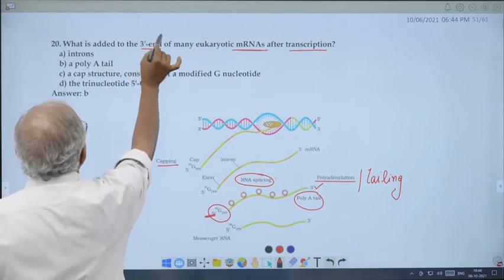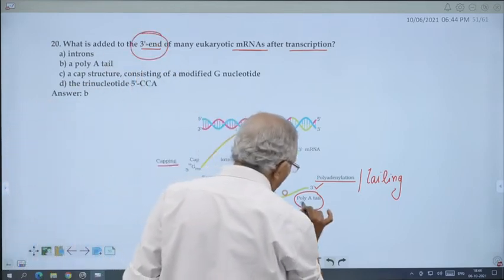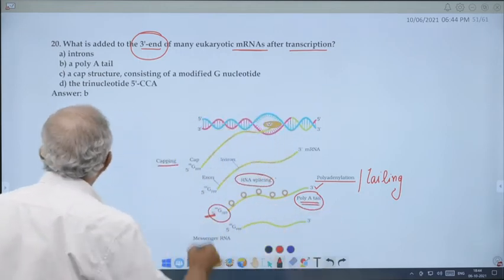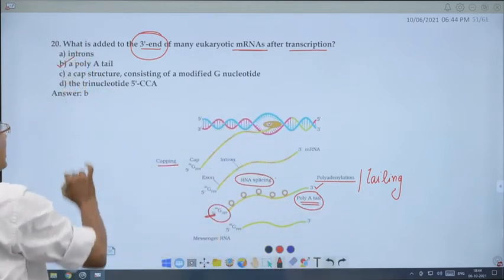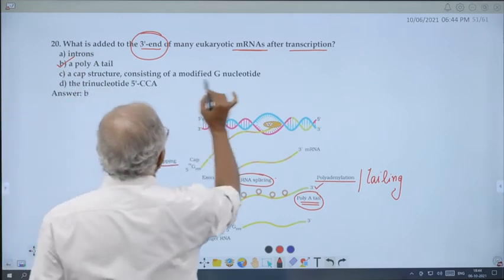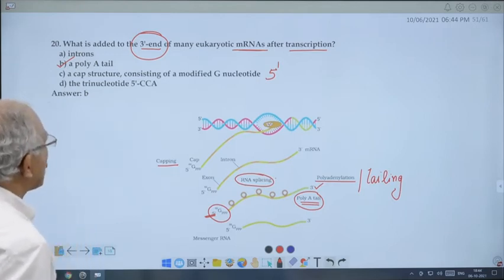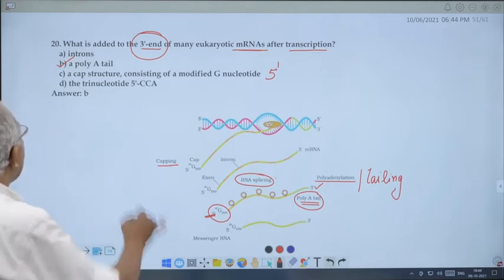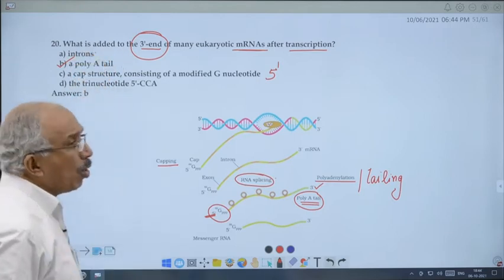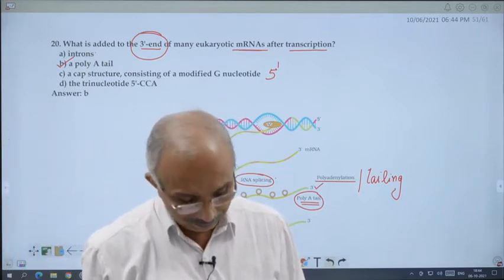Here, at the 3' end, what is added? A tail is added at the 3' end. A cap-like structure is added at the 5' end. Introns are removed.